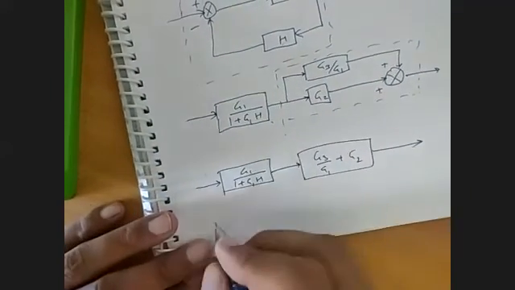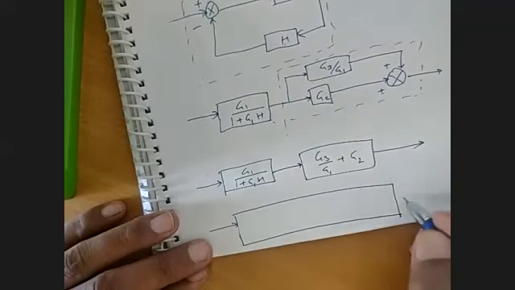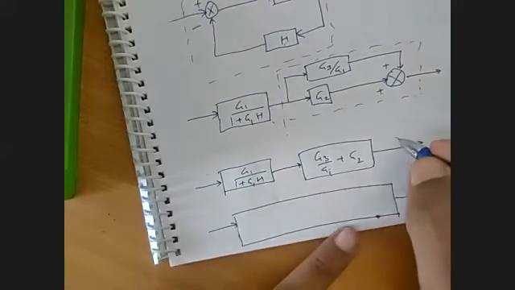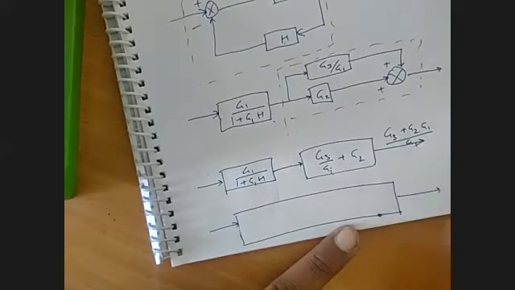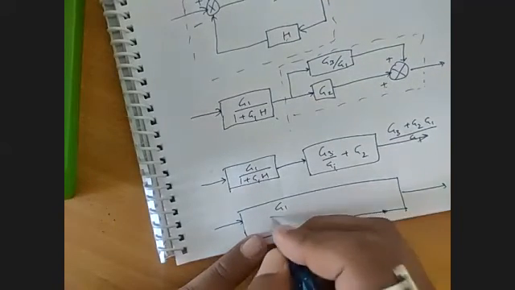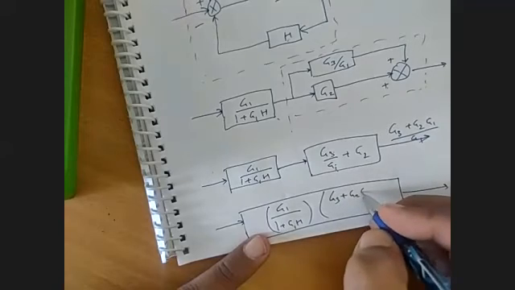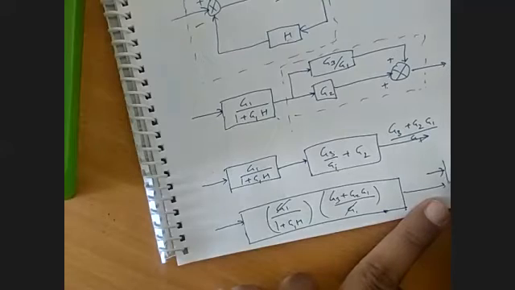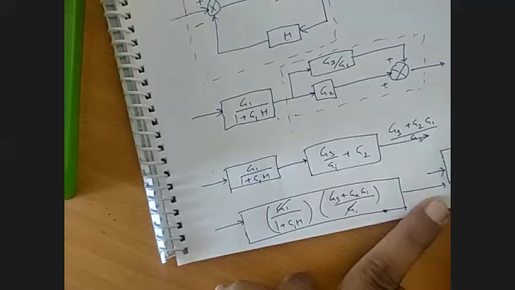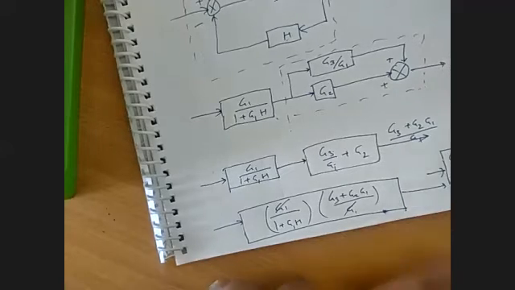So the final block will be represented by G3 plus G2 into G1 upon G1. So this will become G1 upon 1 plus G1 into H multiplied by G3 plus G2 G1 upon G1. G1 से G1 cancel. So your final transfer function will become G3 plus G2 G1 upon 1 plus G1 into H.